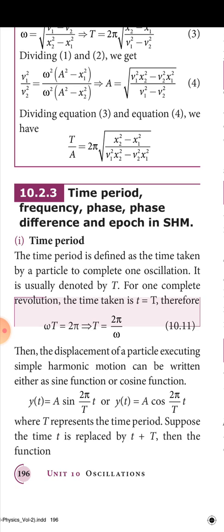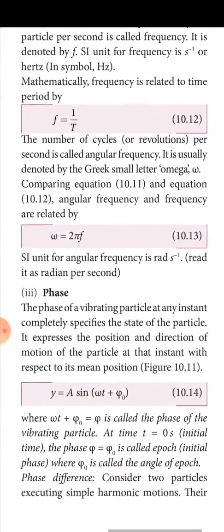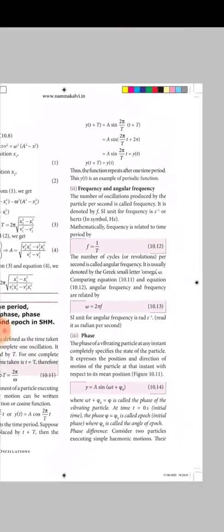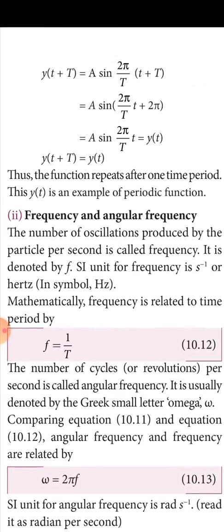Suppose the time t is replaced by capital T plus small t, then the function we can write as y of t plus T equal to a sin 2 pi by T into t plus T. Similarly, we can write another term.